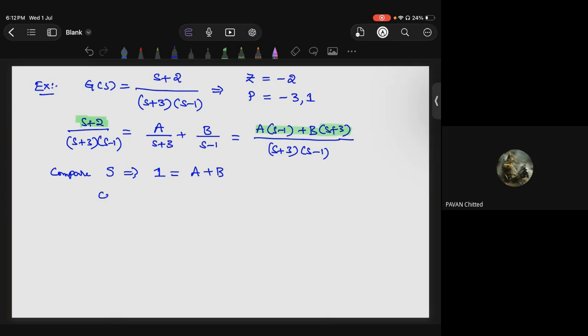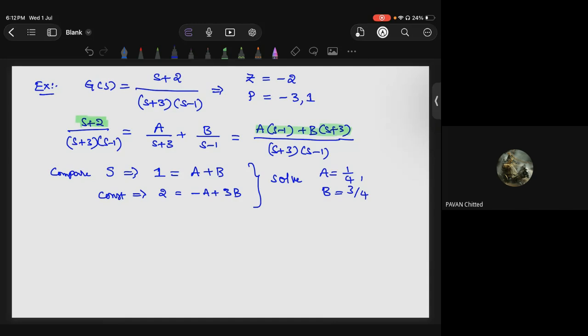Now, if you compare the constants on both sides, the left side is 2, and the right side is minus A plus 3B. Am I correct? If you solve these equations, you will get A as 1 by 4 and B as 3 by 4.